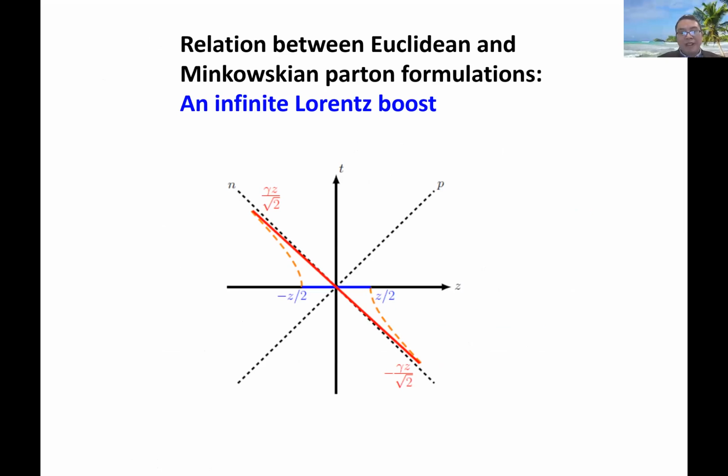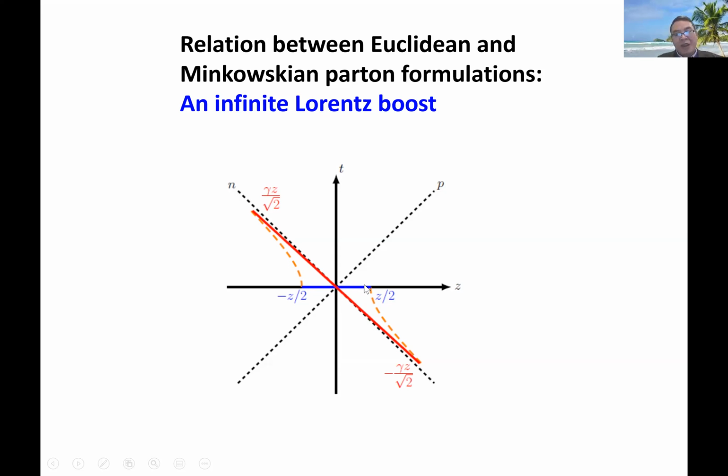And I have a simple picture to show the connection of these two. The blue line here shows the static correlation, which corresponds to the traditional momentum distribution. And then you can use a Lorentz transformation to boost this correlation. As the hadron moves faster and faster, this correlation becomes closer and closer to the light cone.